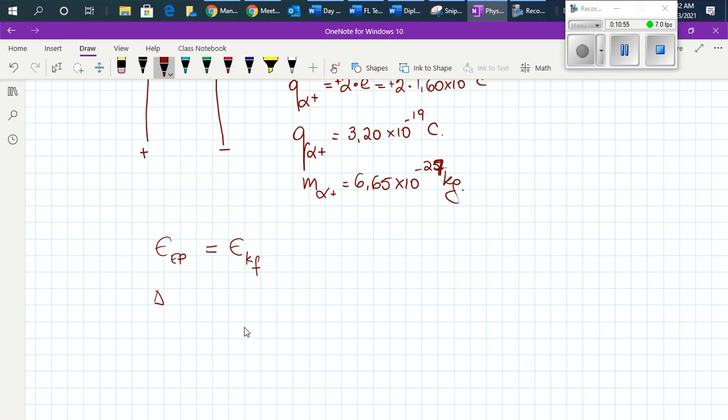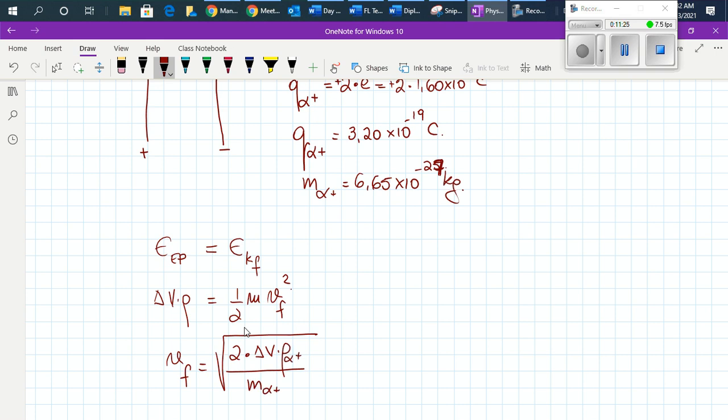So that will be delta V times Q equals 1/2 m V final squared, since the initial is equal to 0. Now, if we are just doing the literal one, we'll find that V final is equal to the square root of 2 times delta V times the charge of the alpha particle over the mass of the alpha particle.